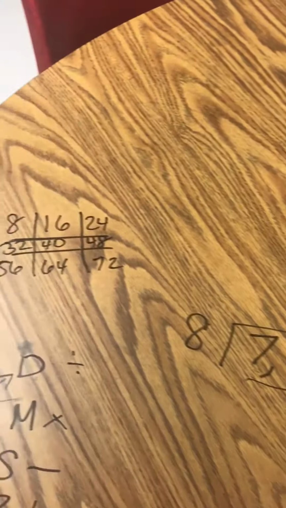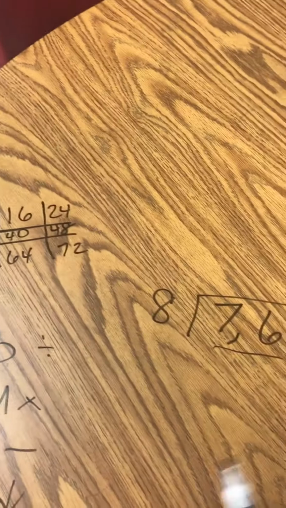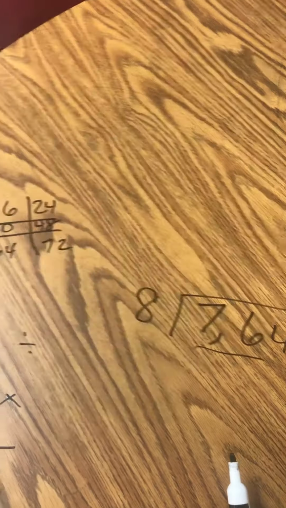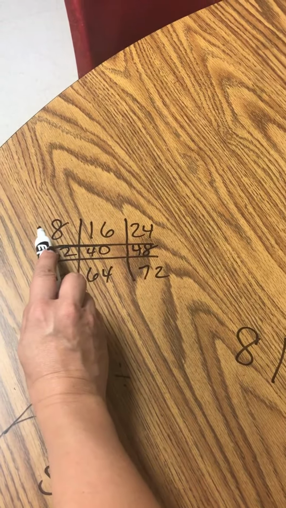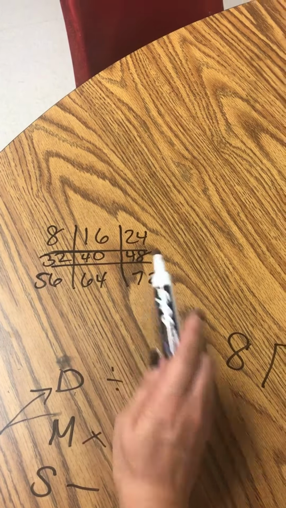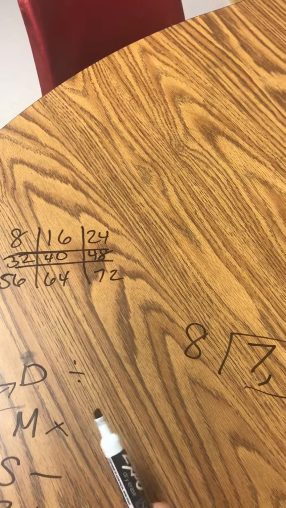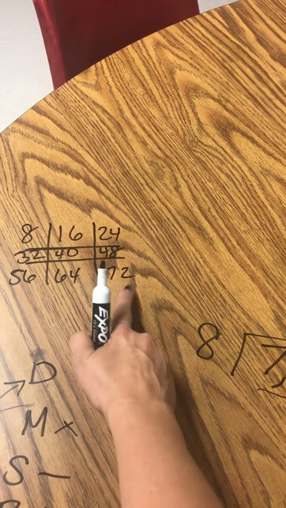I can come over here to my tic-tac-toe and look at how many times 8 can go into 76 without going over. When I do that, I notice that it can go into 76 1, 2, 3, 4, 5, 6, 7, 8, 9 times and get close to 76 and not go over. It lands on 72.